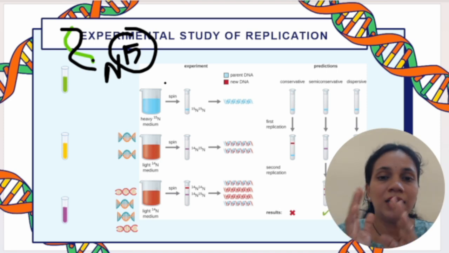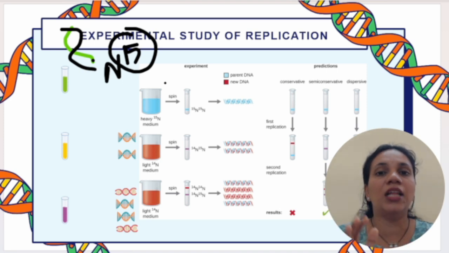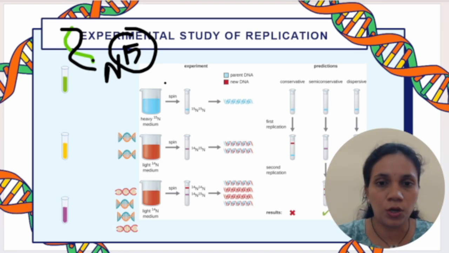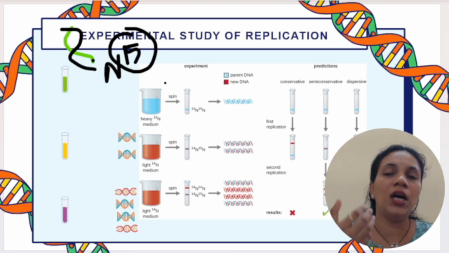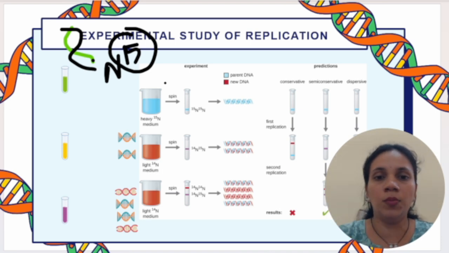The only difference between N15 and N14 is their densities. Ammonium chloride with N15 was heavier than the N14-containing ammonium chloride, so they could use the differences in density to easily separate out the DNA.